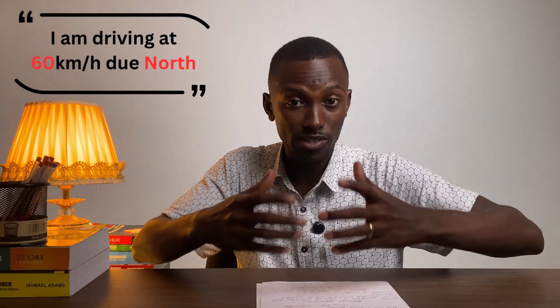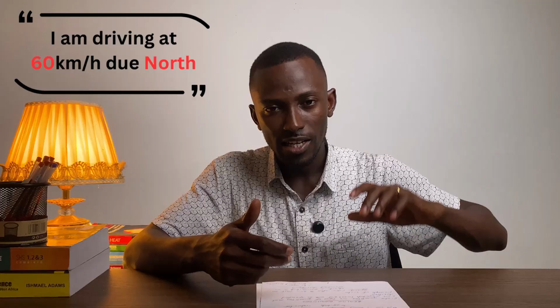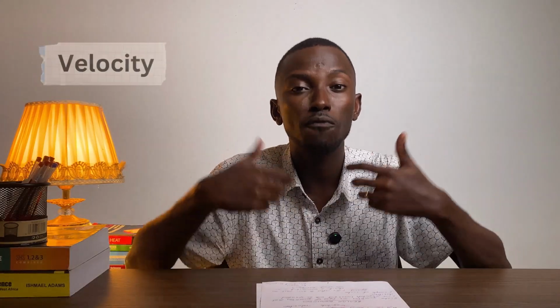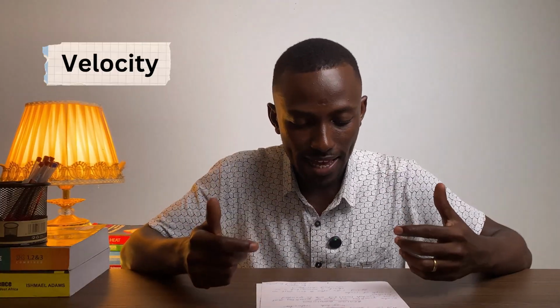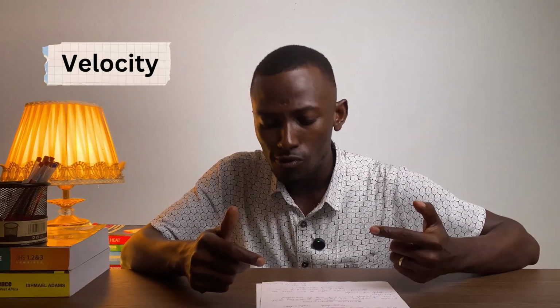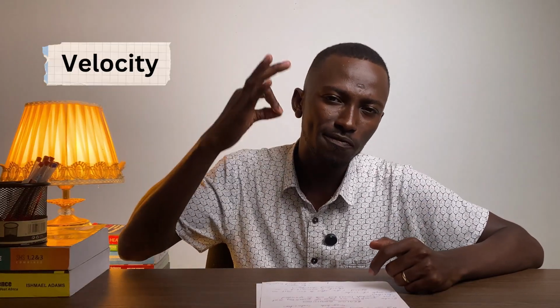So, for example, in this speed analogy, a speed plus a stated direction becomes a vector quantity. And in that case, it's no more called speed, it's called velocity. So velocity refers to how fast an object is moving in a specified direction.